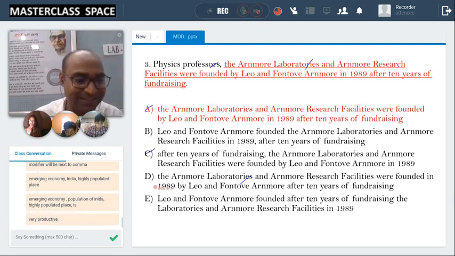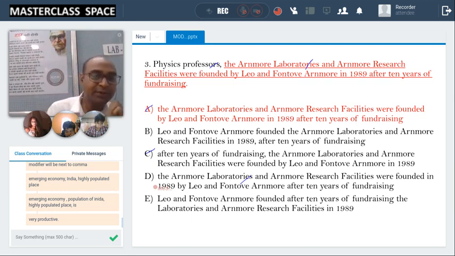So the sentence is: emerging economy, population of India, highly populated place, is very productive. Now emerging economy is a modifier, but it is close to population. Can population be an emerging economy? The answer is no. So the first part is incorrect. For the second part, highly populated place is possible, because it is India and it is close to the comma.